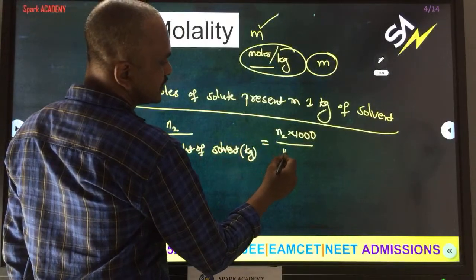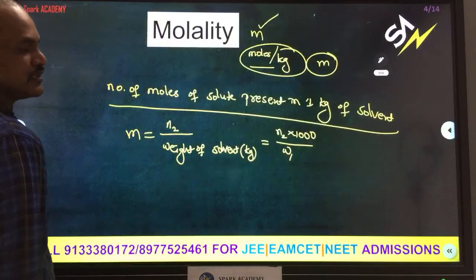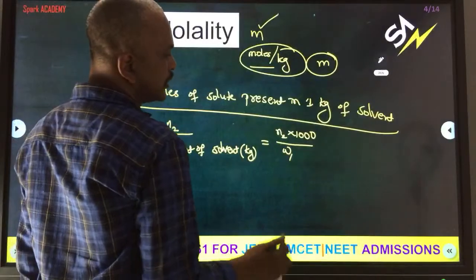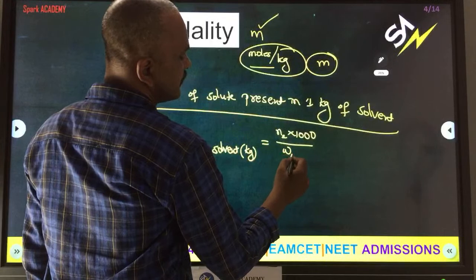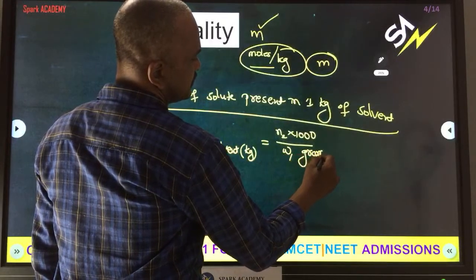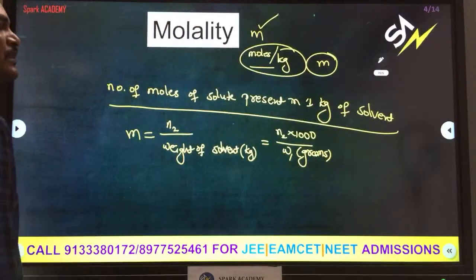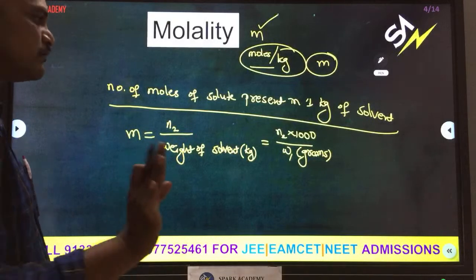That we denote with W1. The first term denotes the solvent, as I told you just now. Instead of kilograms, here grams come. In grams the units are changed. N2 you already know, weight by molecular weight.